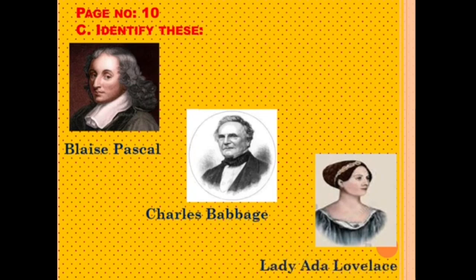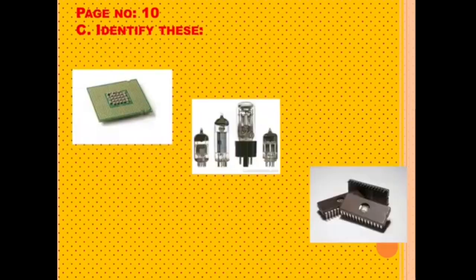The next one is Lady Ada Lovelace, she is the first computer programmer. She wrote the first computer program. So the first one is Blaise Pascal, second is Charles Babbage, the third is Lady Ada Lovelace. Have you noted?